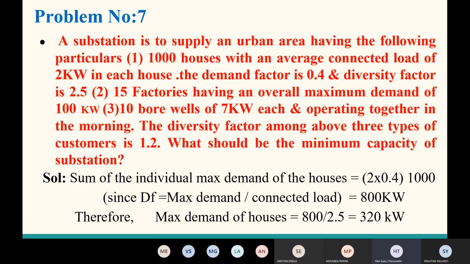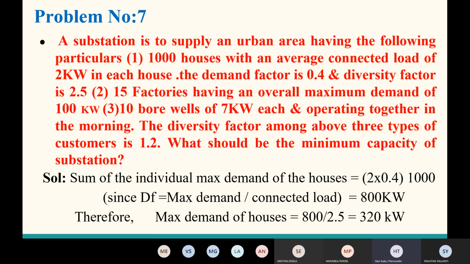Second one, 15 factories having an overall maximum demand of 100 kilowatt. Third one, 10 bore wells of 7 kilowatt each, operating together in the morning.